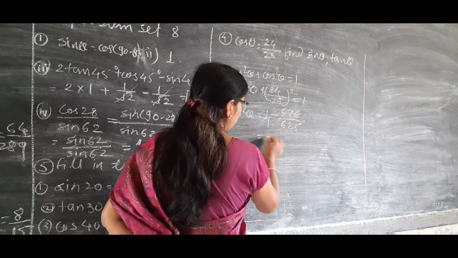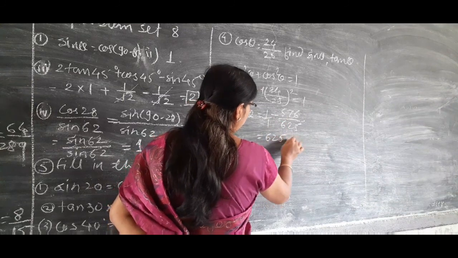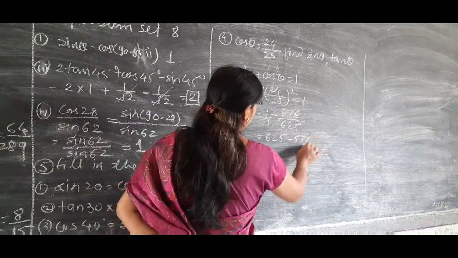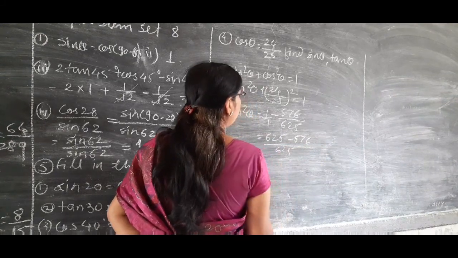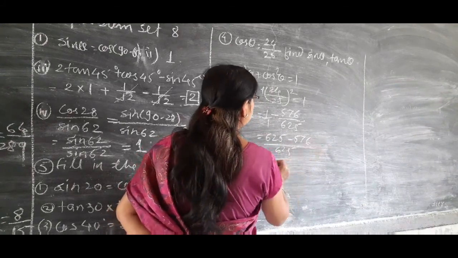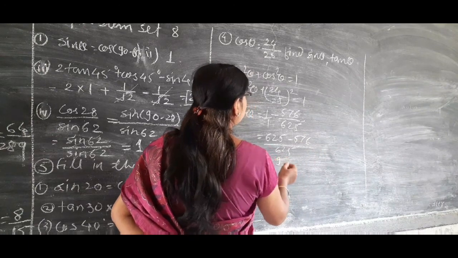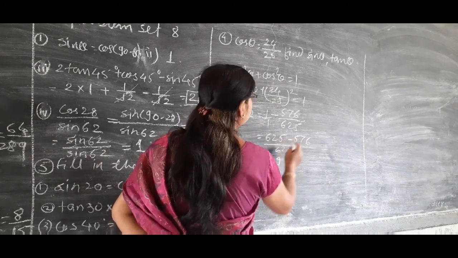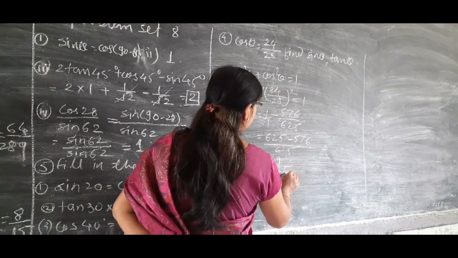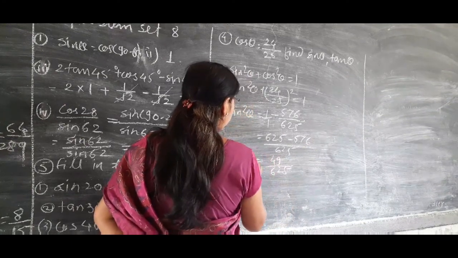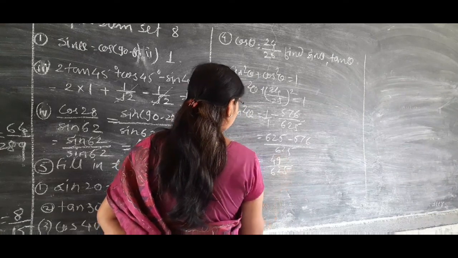Now do the cross multiply. 625 minus 576 upon 625. Now 15 minus 6, 9. Now 12 minus 7, 5. Wait, 625 minus 576 is 49. So 49 upon 625. So sin square theta is 49 upon 625.